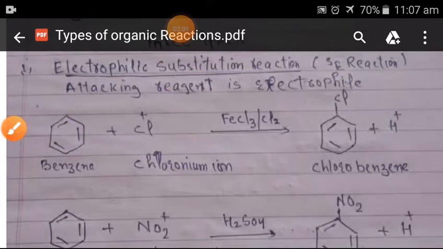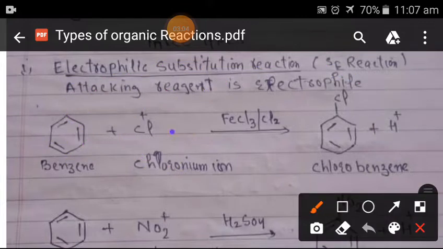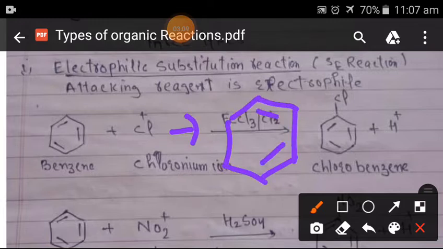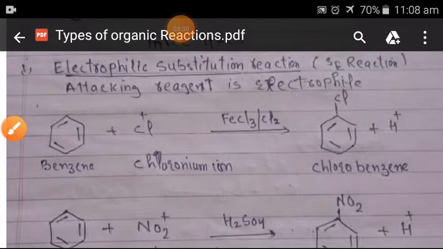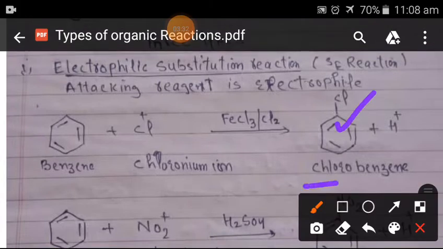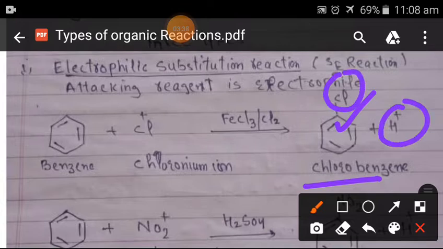During the reaction, chlorine gets attached to the benzene, and as a result the hydrogen gets knocked out in the form of a proton. The product will be chlorobenzene, as you have seen. It means that hydrogen has been replaced by chlorine. So this is called the substitution reaction.